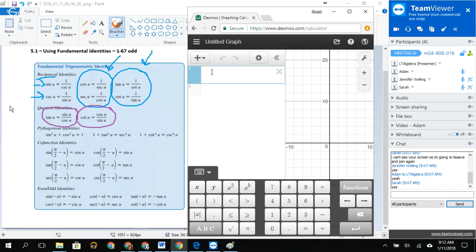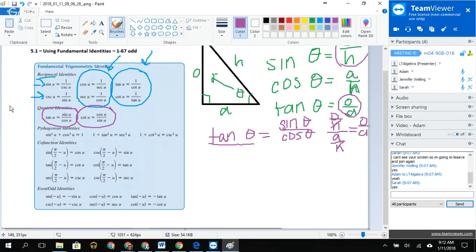Okay, and so what this Pythagorean identity represents, when you see the sine squared of a number, this is just the way that we write exponents with trigonometric functions. So really what this is representing is the sine of u, squared.